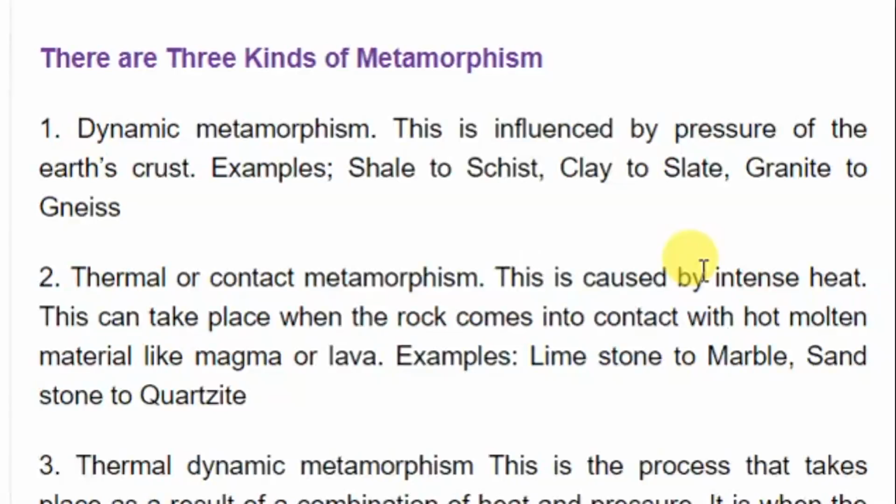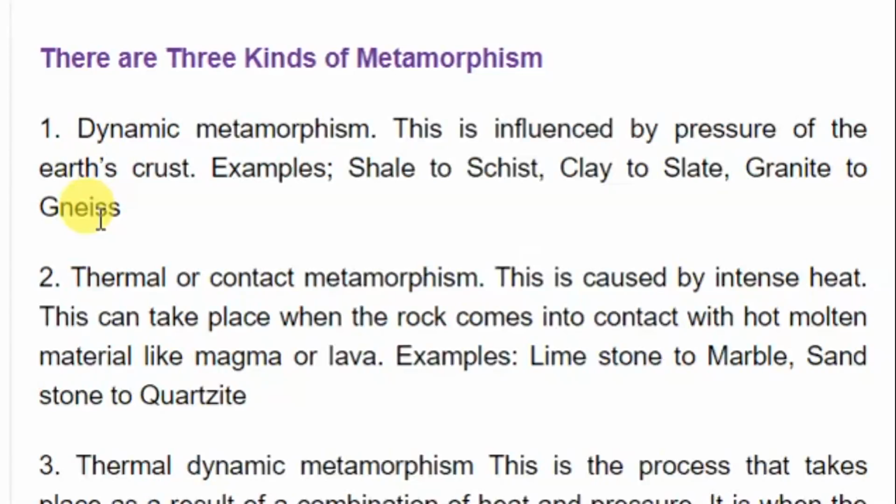Example, shale to schist, or clay to slate, or granite to gneiss. That is dynamic metamorphism. Simply, metamorphism comes from the nature of this word, changing the shape, changing the nature.